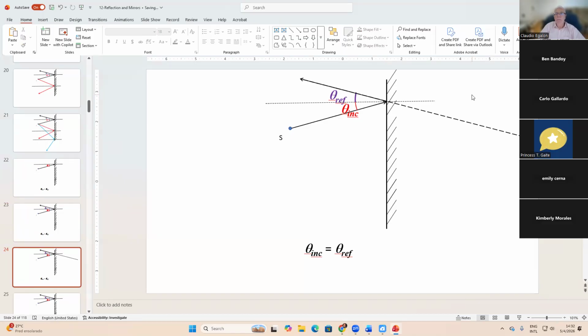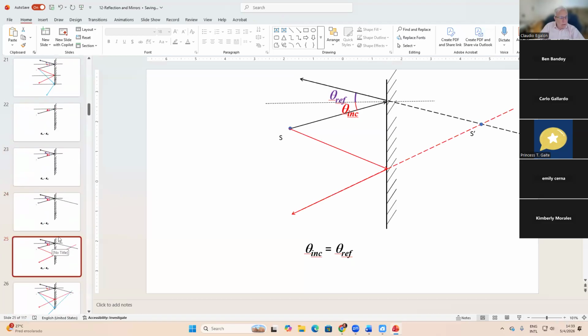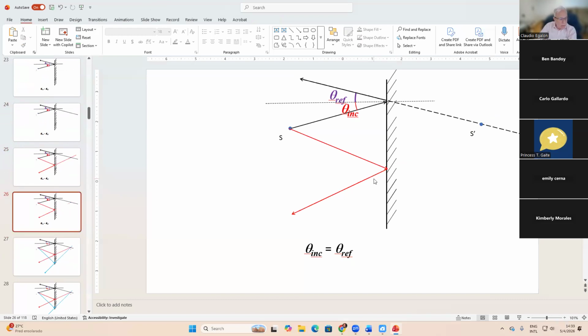Good. In order to find out the position of the image of this light source, we are going to need a second incident light ray on the mirror. Here you go. Here's my second incident light ray, right?